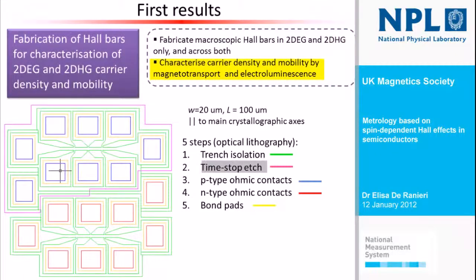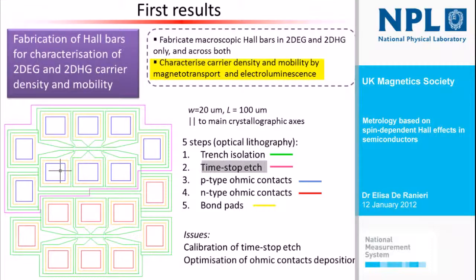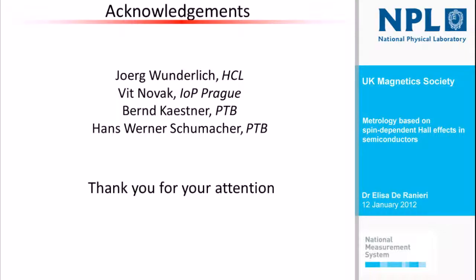So I'm stuck at this point at the moment, so I have to calibrate another kind of etch with phosphoric acid to be able to stop exactly when I reach the well, so this is a bit tricky. And also the deposition of ohmic contacts doesn't seem to be always working, in particular for the N-type contacts. I don't really get ohmic contacts, it looks more like tunneling.